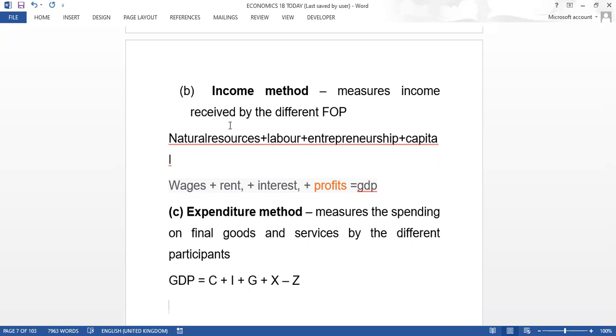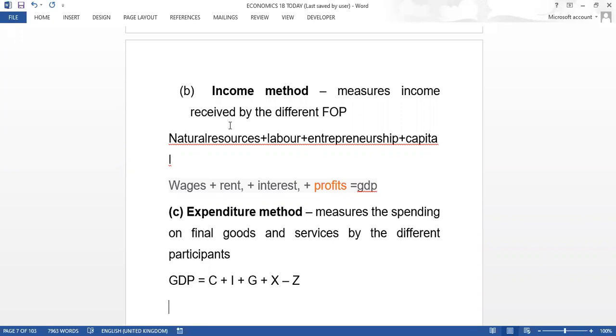That remuneration we refer to as wages and salaries, which is the income you receive at the end of the month or within a fortnight, depending on the different contracts you have. So for labor, you get wages. For natural resources, the remuneration is referred to as rent. For capital, if it is presented within the factor markets, you receive interest.